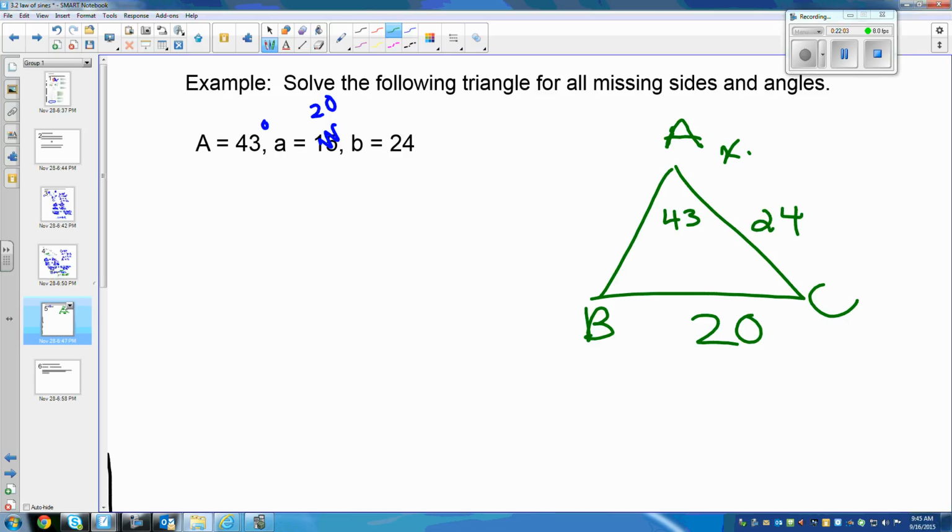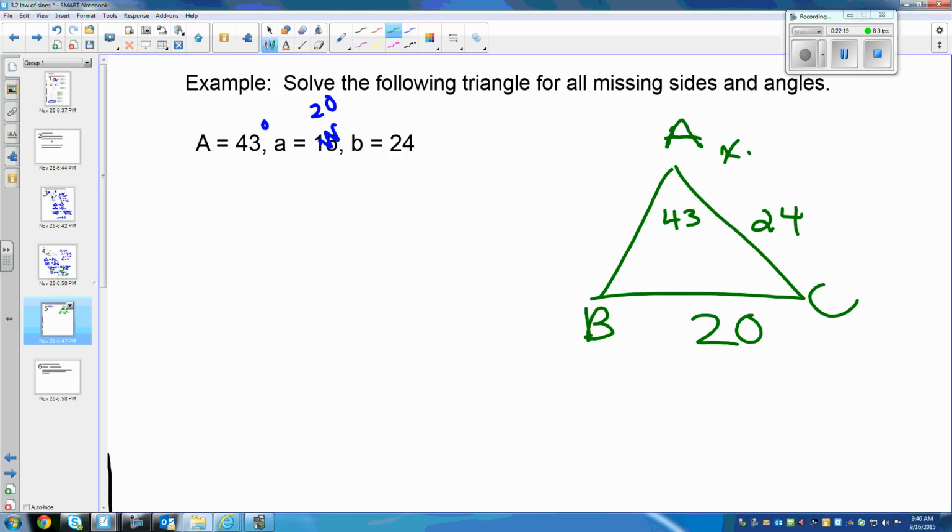So in this case, the first thing we need to find is angle B, because we have all of A and we know side length B. Good call.